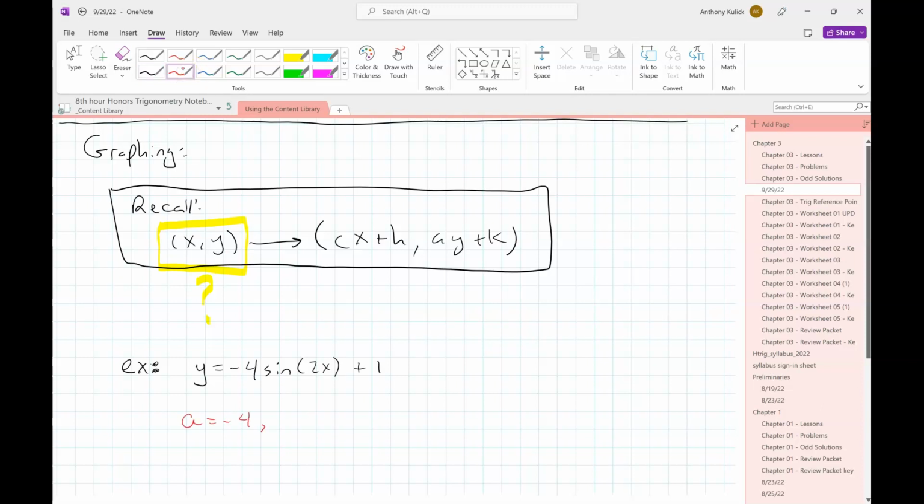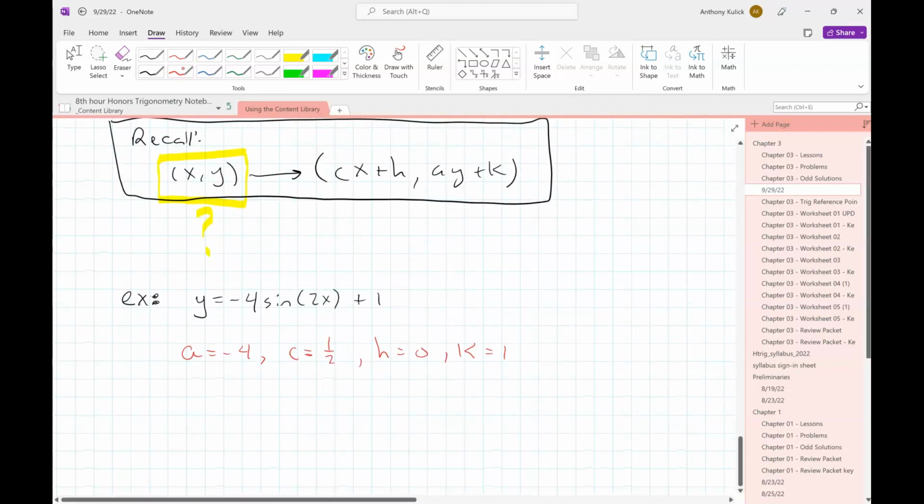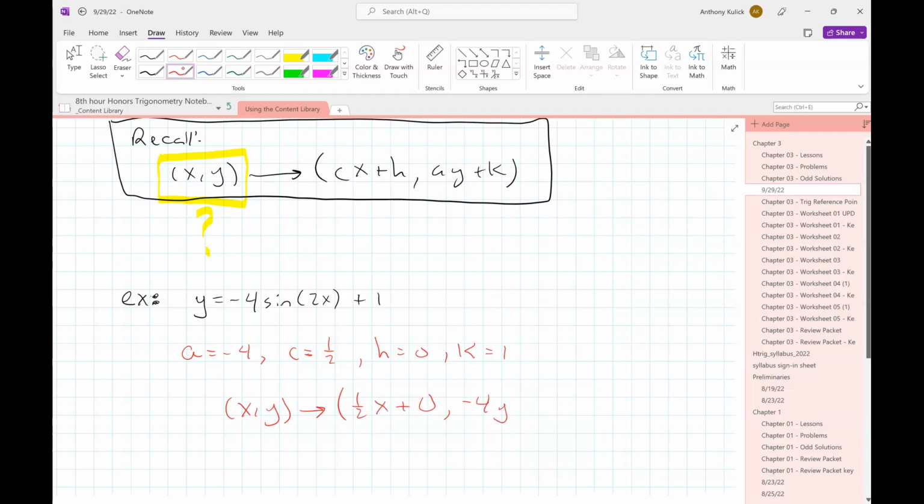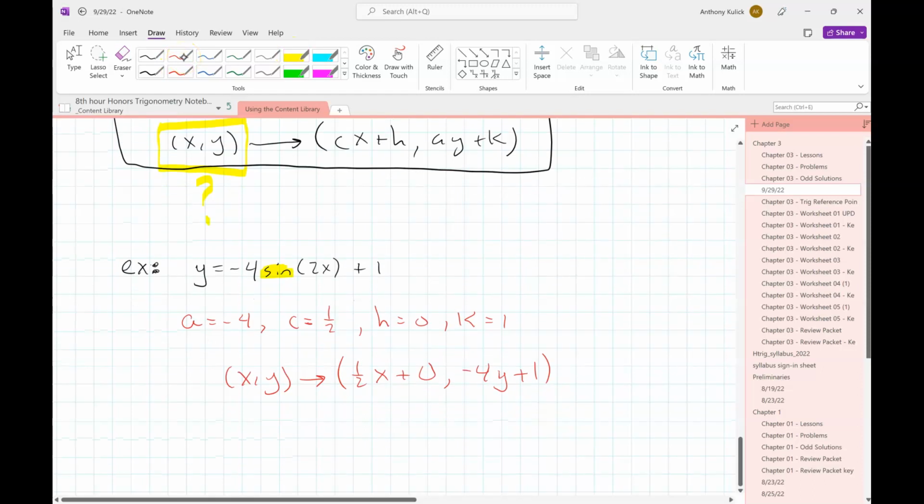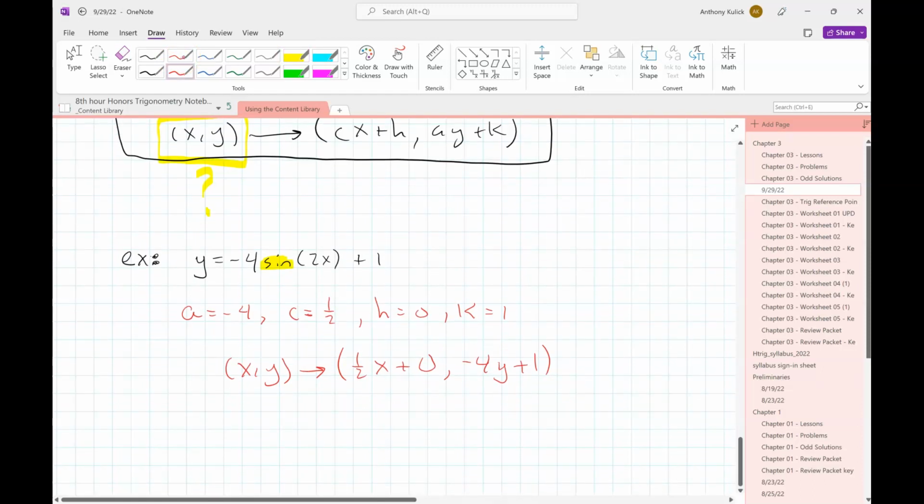So the first thing I'm going to do is identify the values for A, C, H, and K. I'm just writing these down because this is the same example we used prior, so I'm not going to pause and explain that. I'm then going to write out my function map, or my transformation map, maybe I should call it. And because this is a sine function, I'm going to use the sine points from my reference points table.